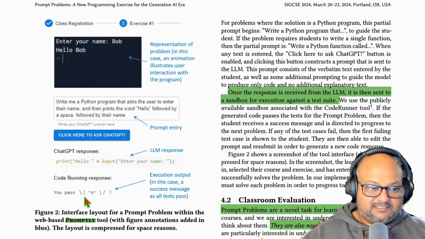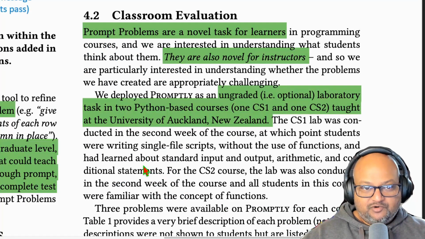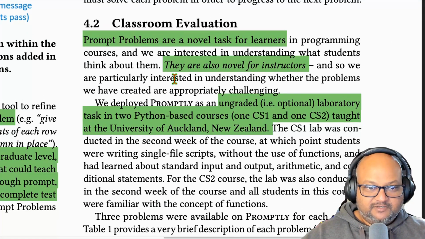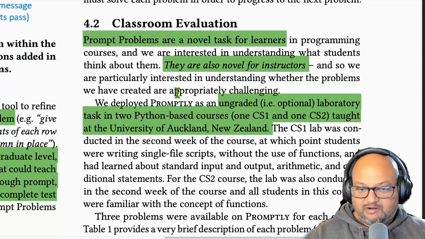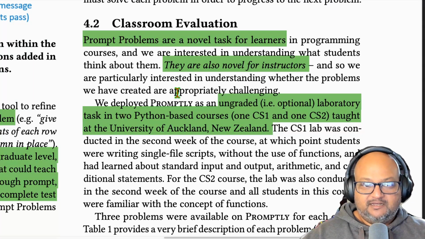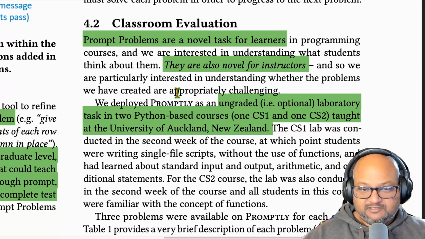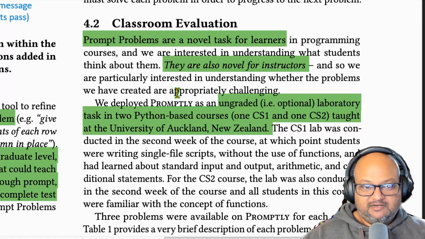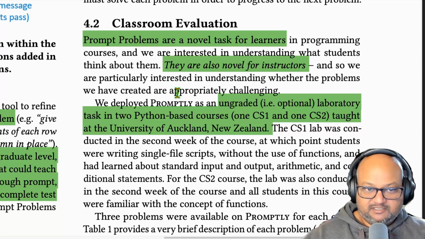And if those tests pass, then it counts as success. An important thing to note is that the instructors of this course introduced these prompt problems as an ungraded optional lab task in their CS1 and CS2 courses. So they're just beginning to dip their toes into the water with these kinds of problems.